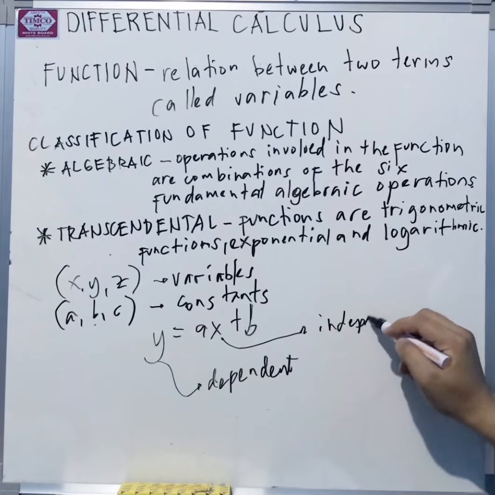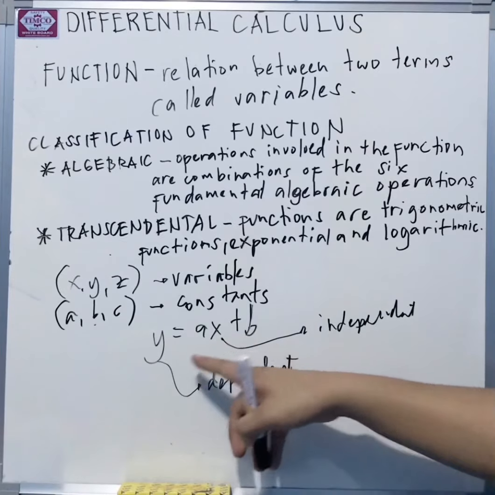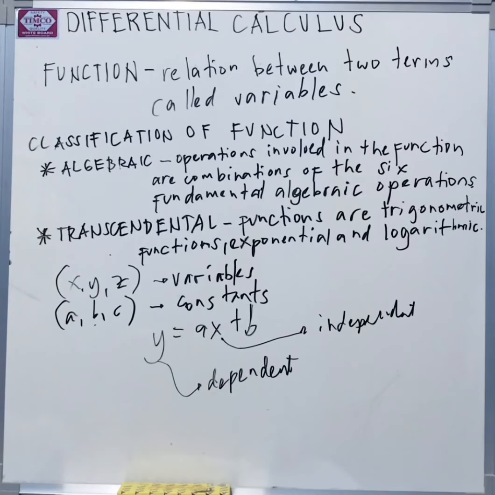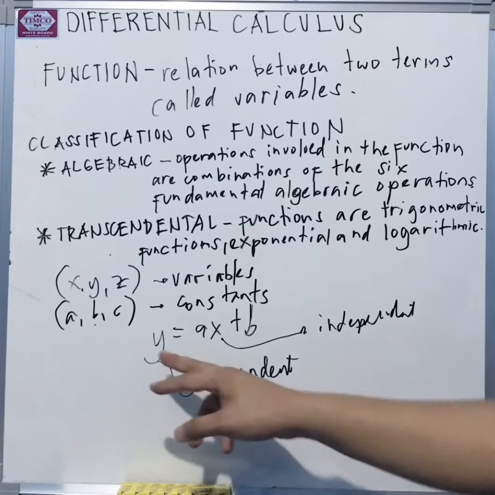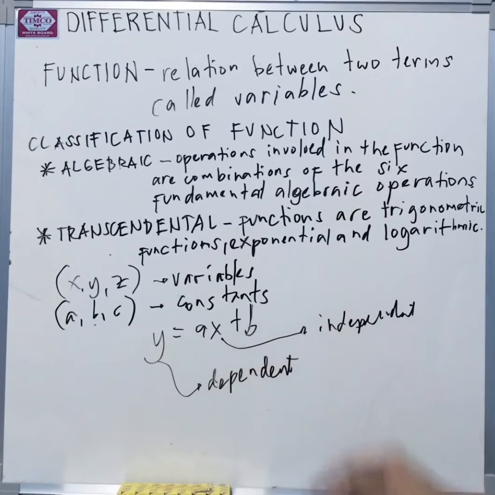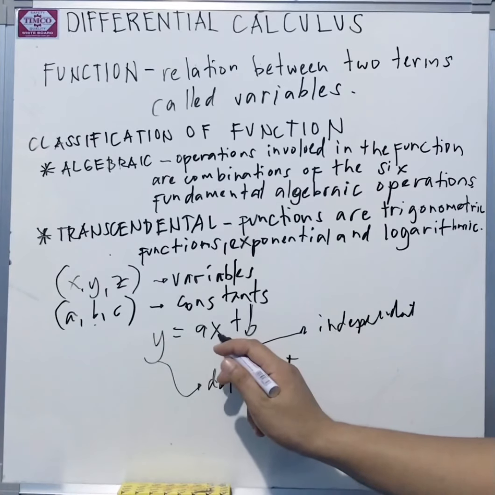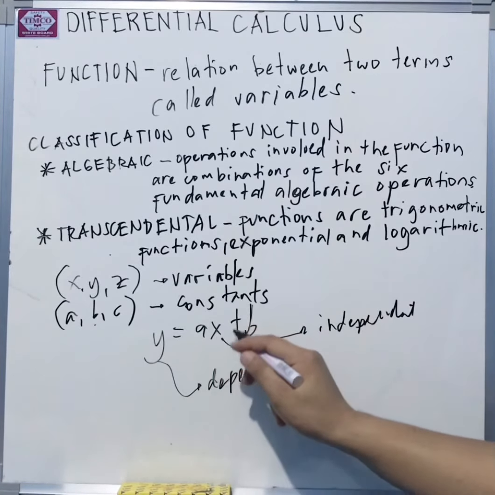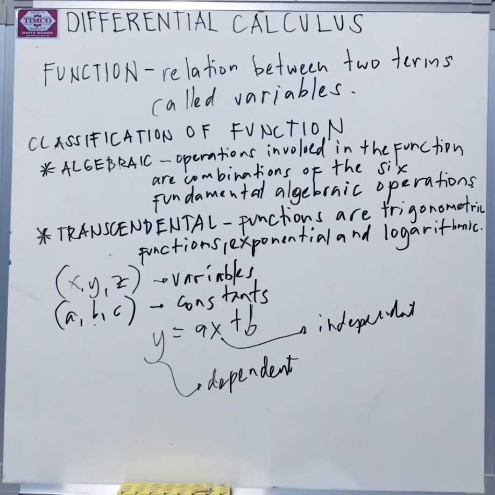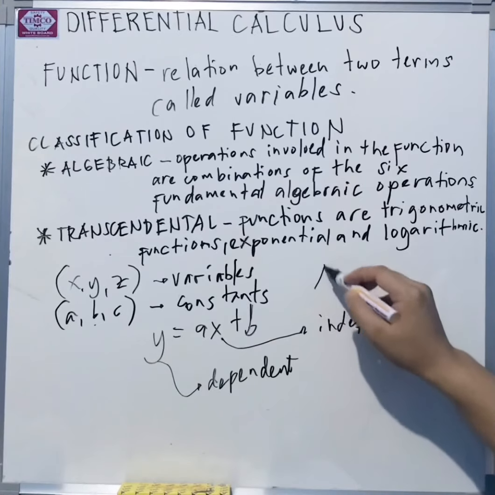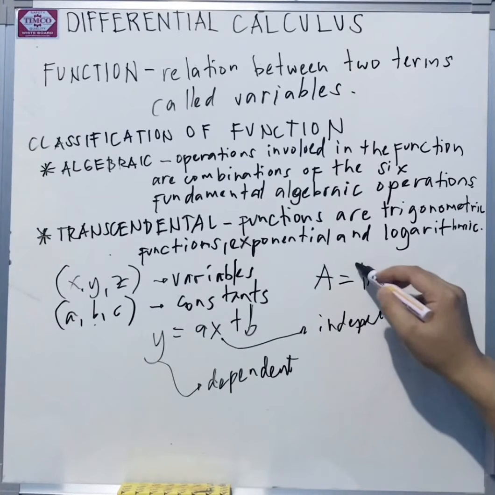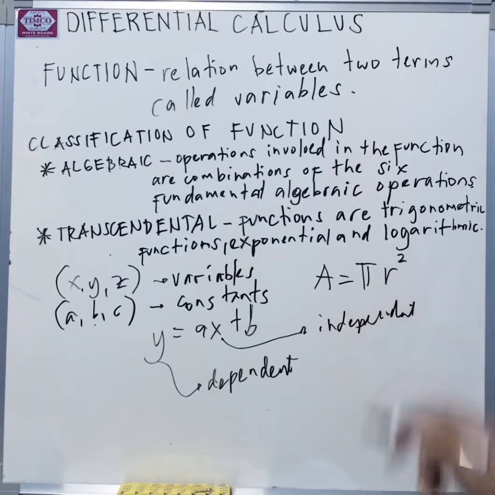So bakit sinabi natin independent variable at dependent variable yung y? Kasi kung makikita niyo yung equation, y is equal to ax plus b, nakadepende yung value ng y sa magiging value ng independent na x. Depende siya sa given value ng x. Ang isang example pa natin ng function is the area of a circle, di ba?